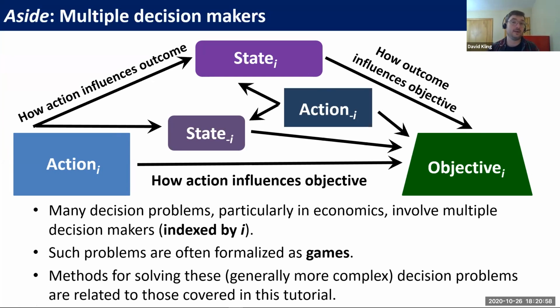They do come up a lot in economics, which is why I wanted to draw the connection. But I will say that the methods you're going to learn about in this tutorial are the same methods, with extension and variation, that you would apply to analyze models with multiple decision makers. And if anybody has questions about this dimension and wants to learn more, I think those of us who are instructors can connect you with the resources.